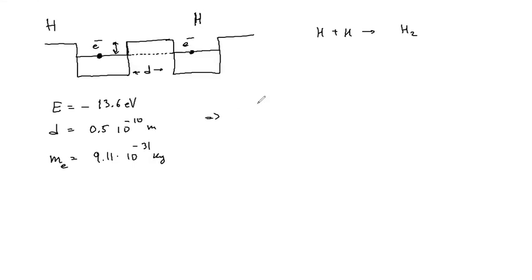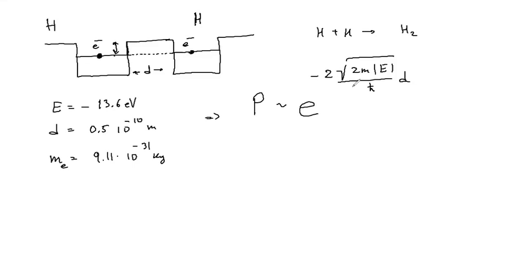So what would be the probability for the electron to jump through this potential barrier from one hydrogen atom to another hydrogen atom? If the hydrogen atoms are close enough, the binding energy is given, the mass of the electron is given. Let's estimate it.